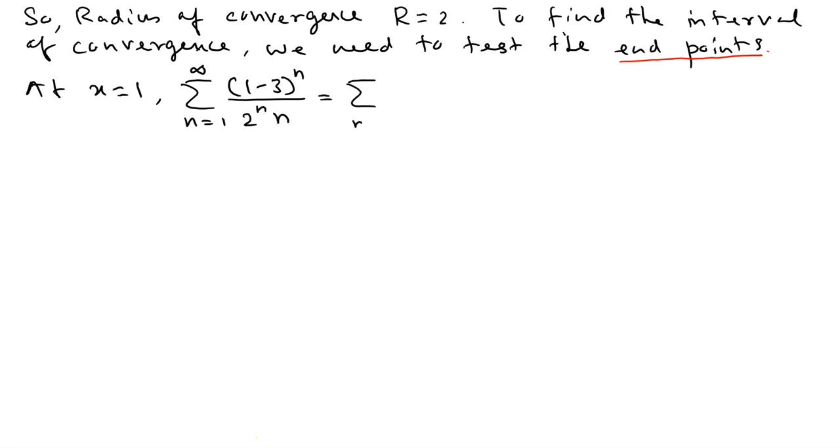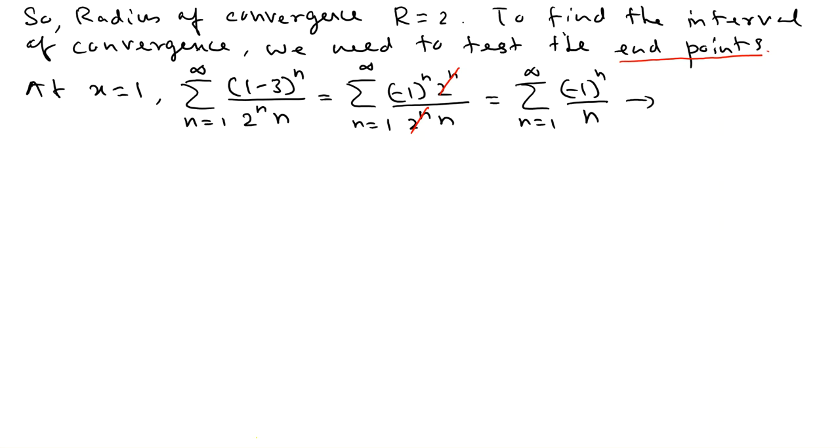If you simplify this a little bit, from the top you're going to get (negative 2) to the n, which you can write as (negative 1) to the n times 2 to the n over 2 to the n, and you can see these two get cancelled. So you're going to simply get the sum from n equals 1 to infinity of (negative 1) to the n over n, and you can see this is going to converge by the alternating series test.